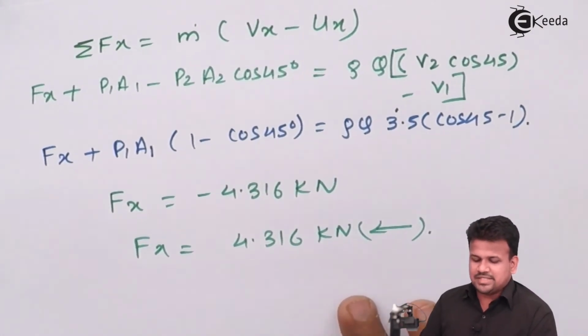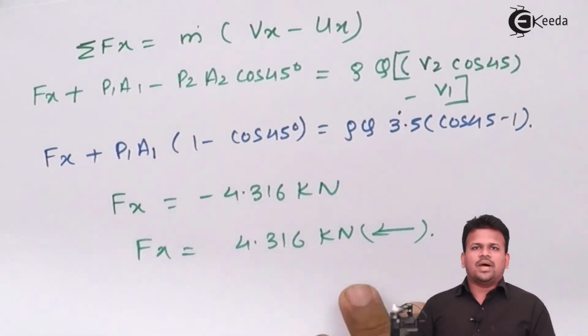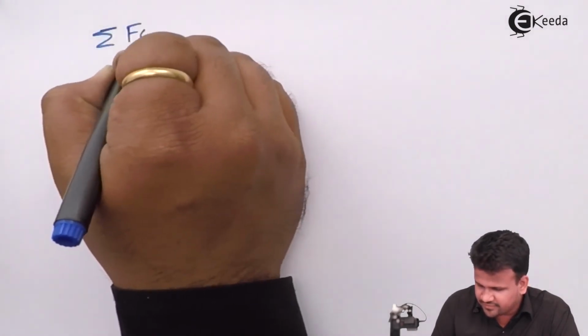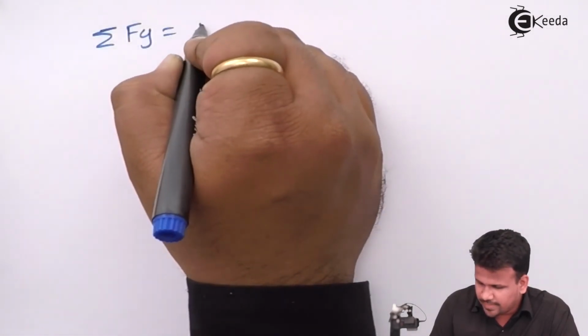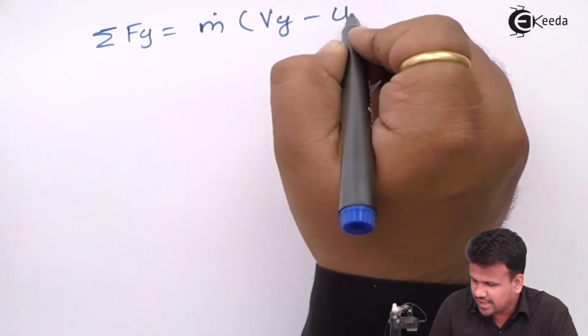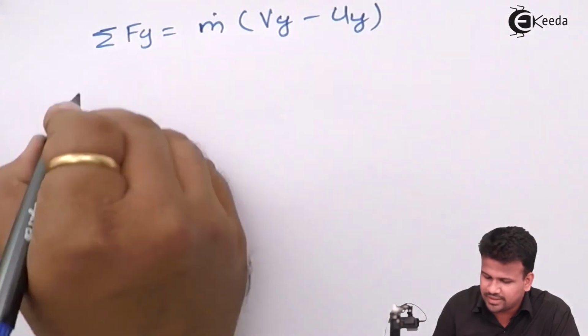So now let us apply the same formula for y direction. Summation of Fy is equal to mass flow rate into final velocity along y direction minus initial velocity along y direction.